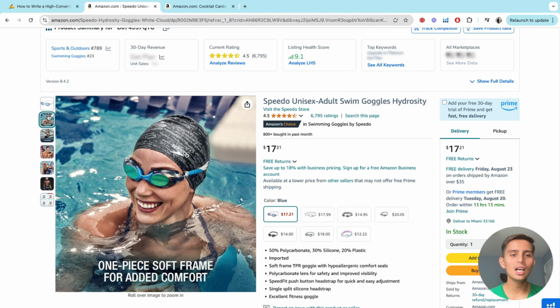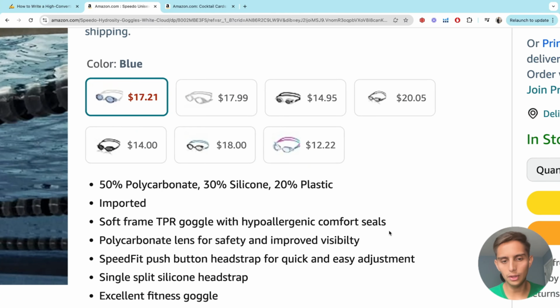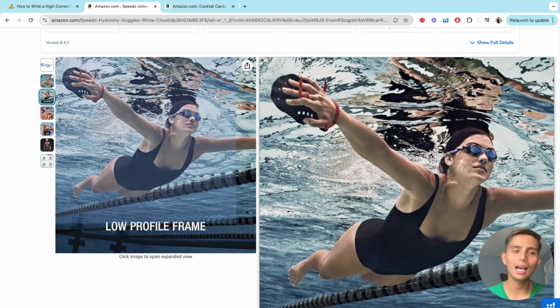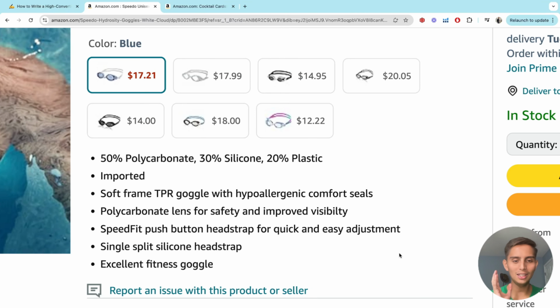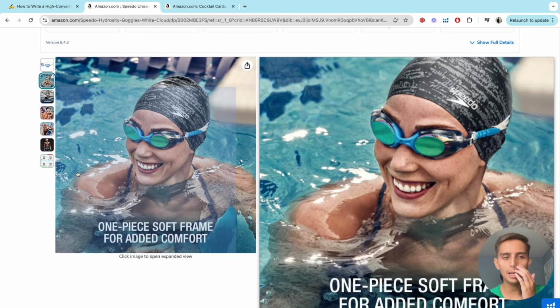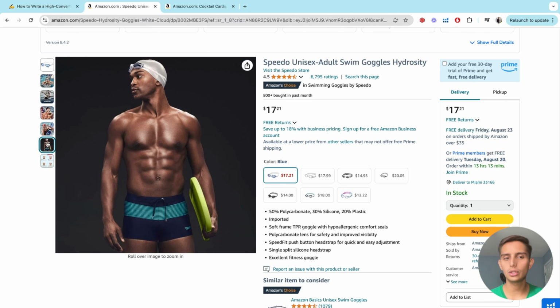It's not telling me how big they are, if I can adjust them, and they're not telling me anything in the images, and even worse, they're not telling me anything in the bullet points, which we'll get to in just a few minutes. But yeah, this is basically what you're not supposed to do.